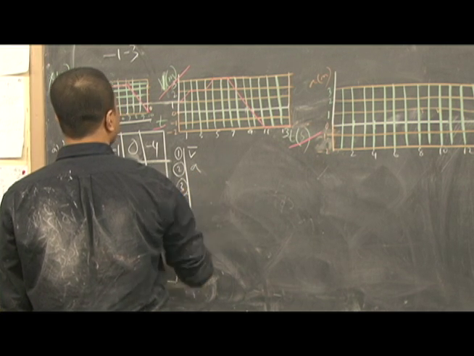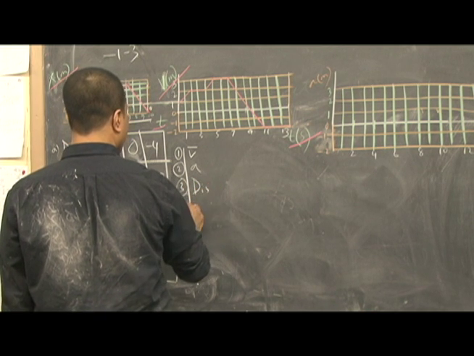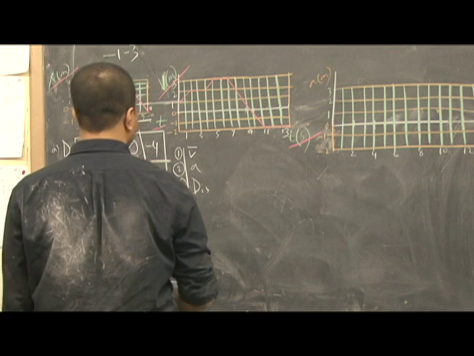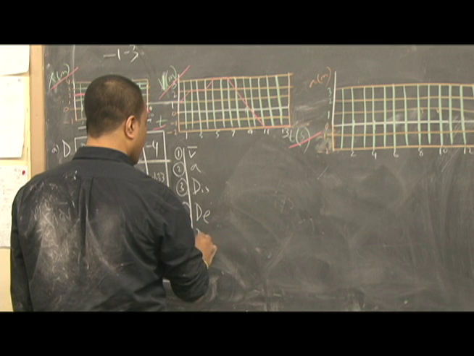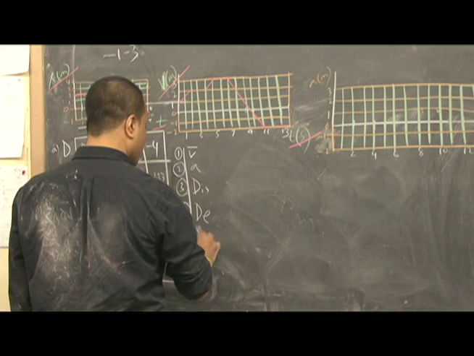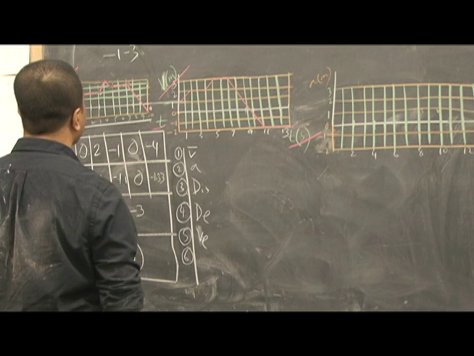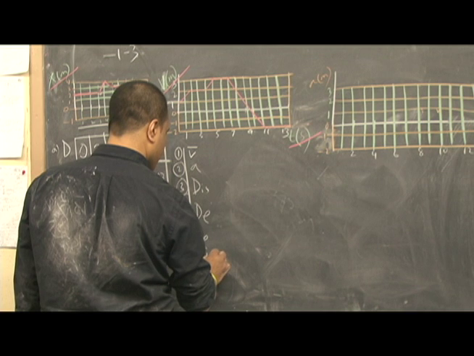Number 3, let's ask displacement. Number 4, let's ask ourselves displacement for the entire region. 5, velocity for the entire region. Number 6, let's ask ourselves whether the object reverses.